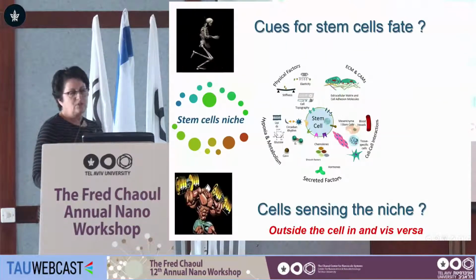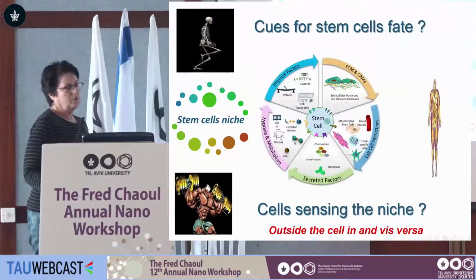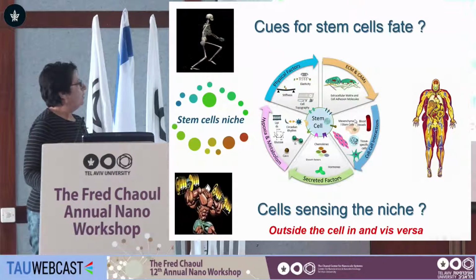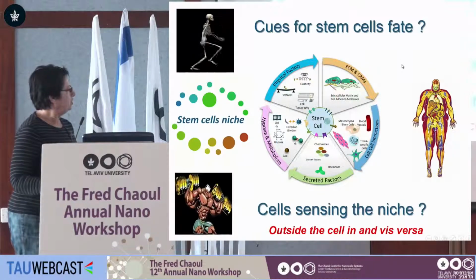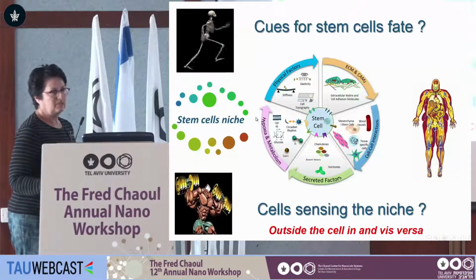The cues for stem cell fate are multiple factors. We cannot rely on just one protein or one drug to do everything. We have to understand how the cells sense their niche, what the secreted factors are, cell-cell interaction, and the physical factors that affect this activity.